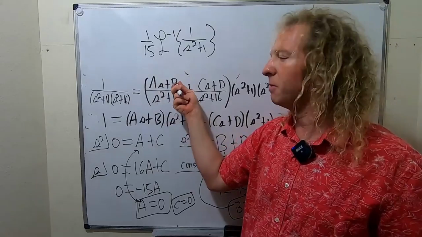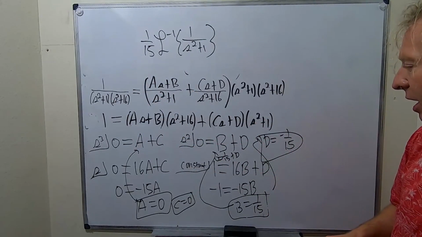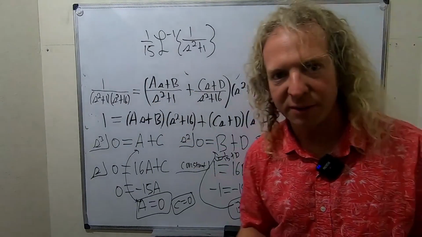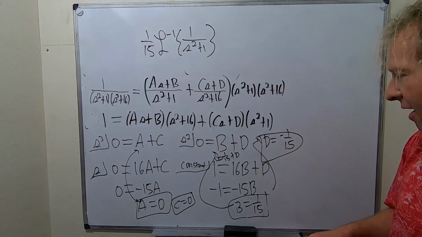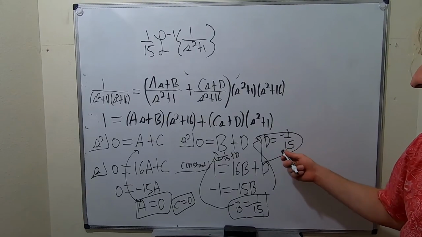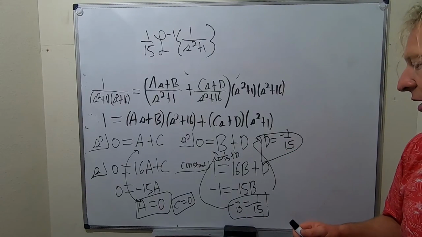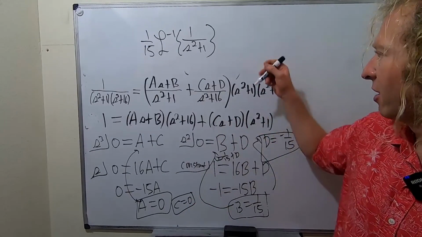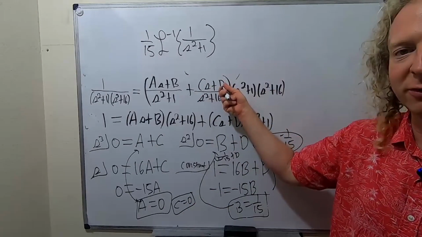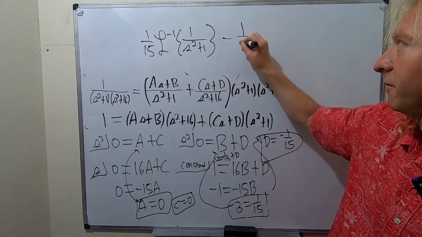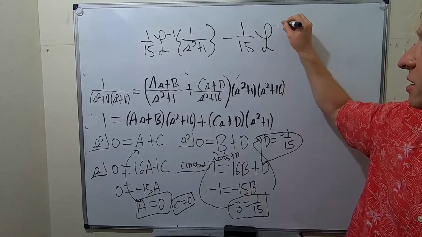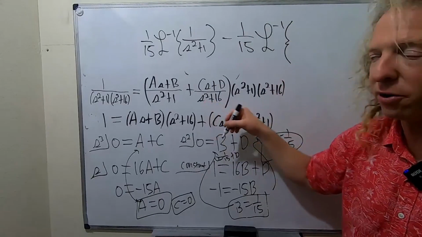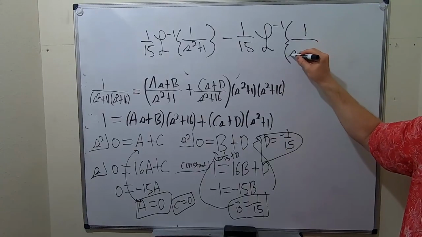And then we have d is negative 1 over 15, so pull out the negative 1 over 15. Inverse Laplace of 1 over s squared plus 16.